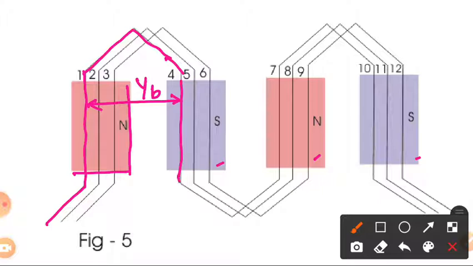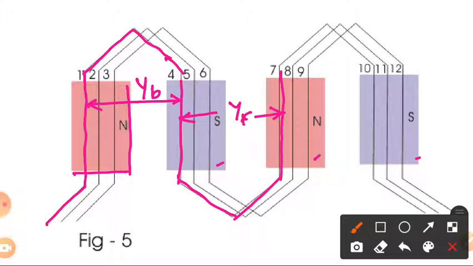Now this coil is connected to the other coil at a distance of one pole pitch, as you can see here. This is known as the front pitch, YF. So this is the back pitch, this is the front pitch.